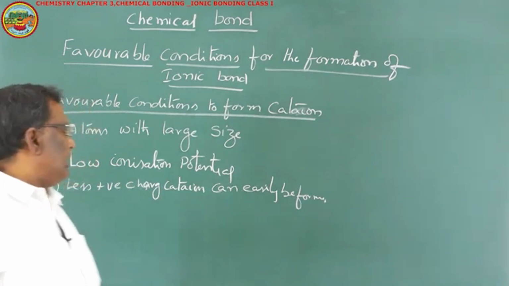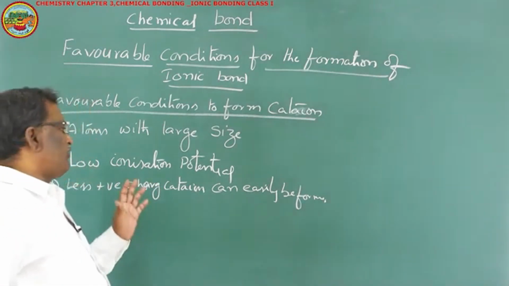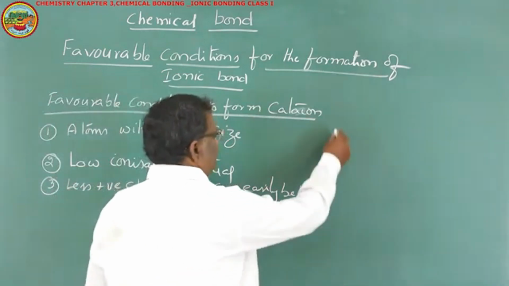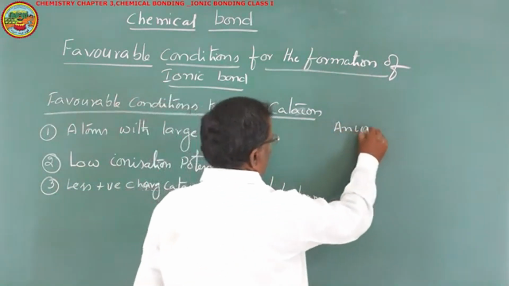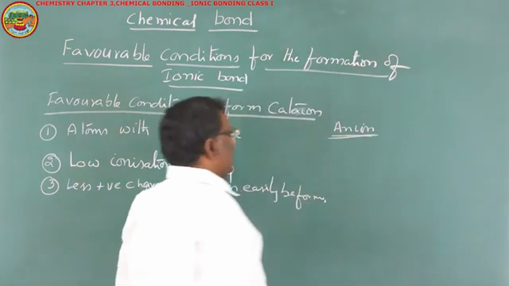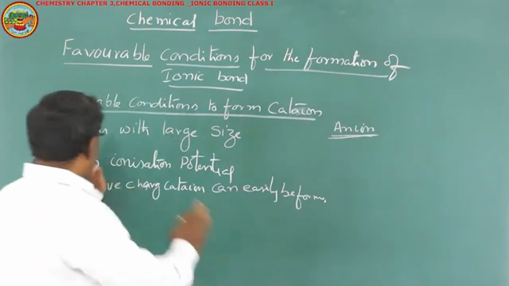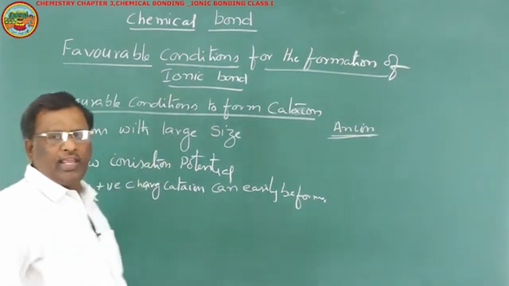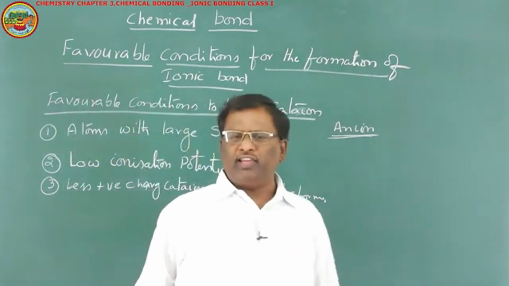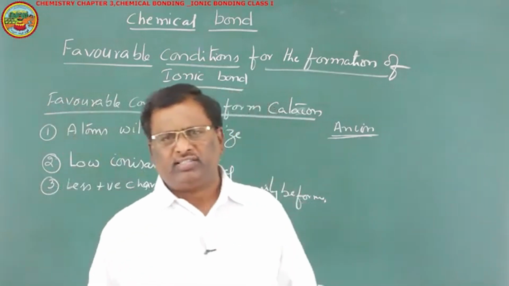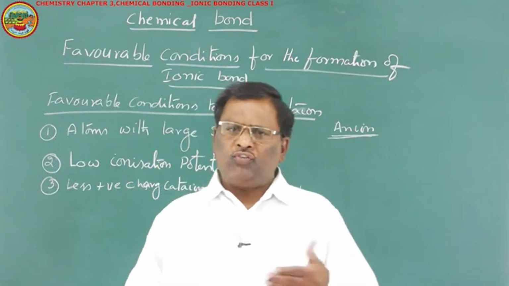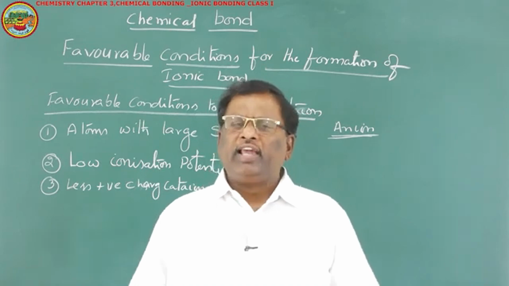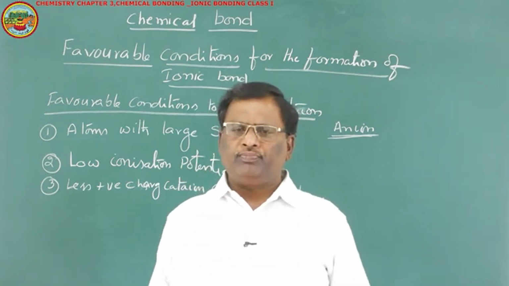Now come to the favorable conditions for the formation of anion. Favorable conditions for the formation of anions are quite opposite to this. Here, to form a negative ion, it has to accept an electron.